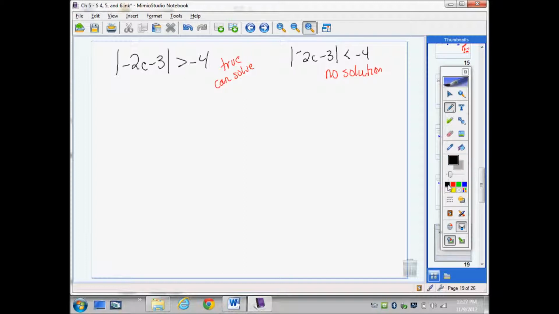So then what I'm going to do is I'll split it. And I have negative 2c minus 3 is greater than negative 4, and negative 2c minus 3 is less than negative 4. Sorry, positive 4. I still have to change the sign, except this time I'm going to positive.